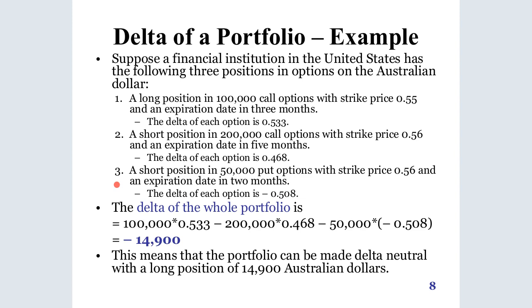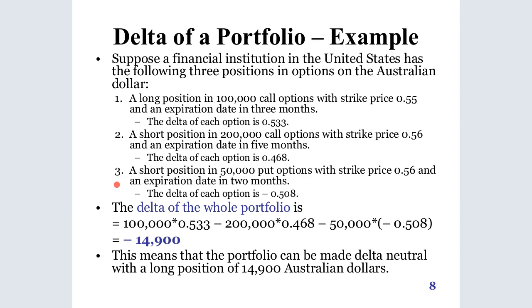A short position in 200,000 call options, strike price of 0.56 and expiration date in 5 months. Delta of each option is 0.468. And finally, a short position in 50,000 put options with strike price of 0.56 and an expiration date of 2 months. Delta of each option is -0.508. Realize all of them are on the Australian dollar, and therefore I can do it. So what is the delta of the whole position?